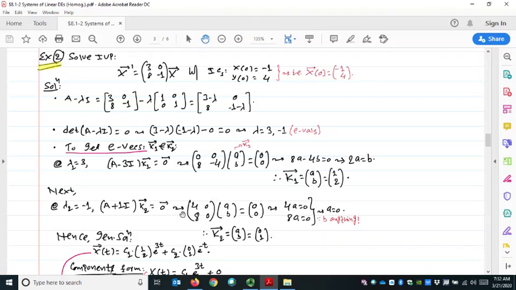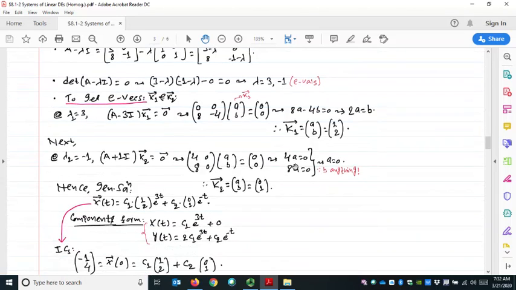Multiply these two matrices. This gives you the equation a equals 0. So that means b can be anything. So let's assume b is 1. So our other eigenvector k2, (a, b), equals (0, 1).